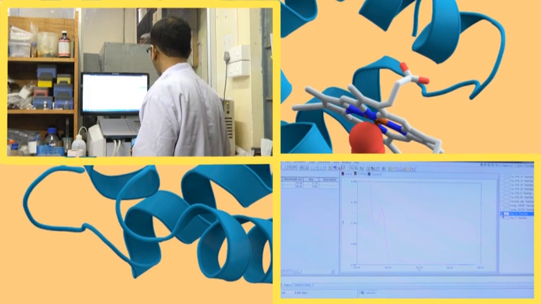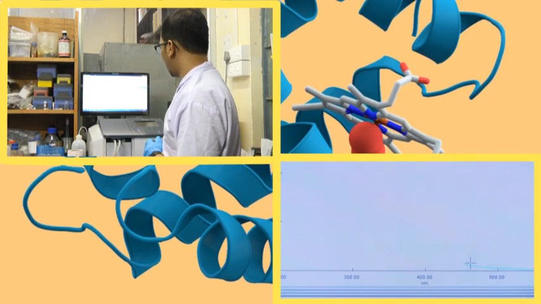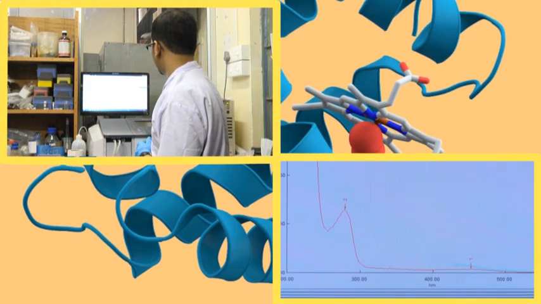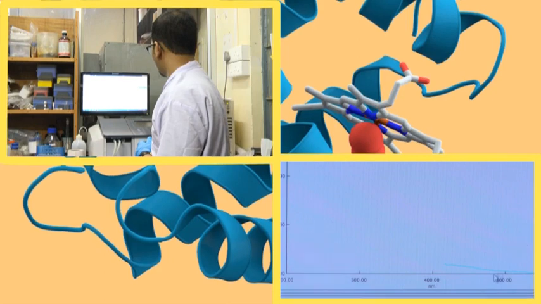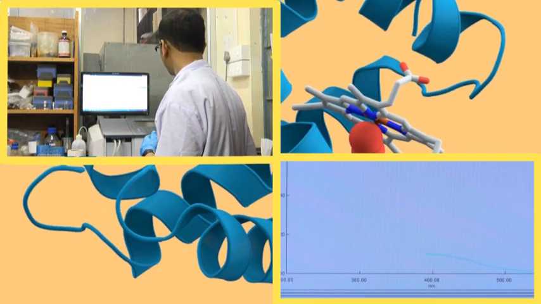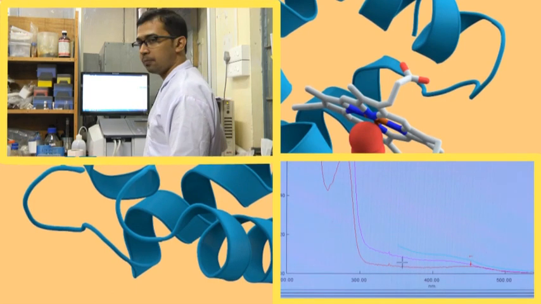Here the blue line is not visible. Here there is a faint sky blue line coming, and again its absorbance is increasing. A small, faint sky blue line is there. Okay.